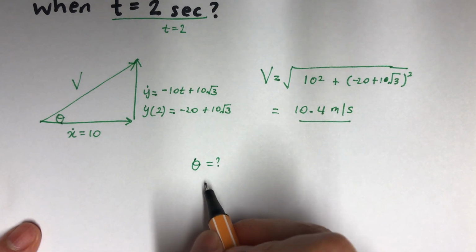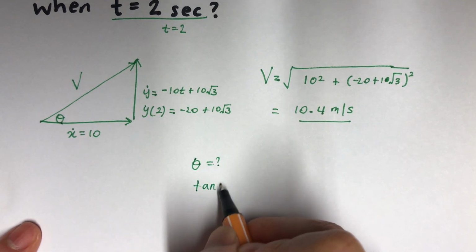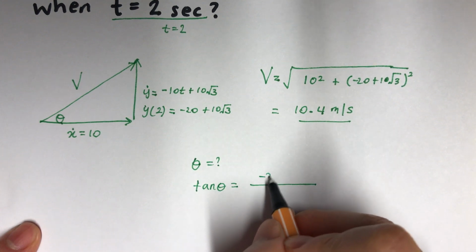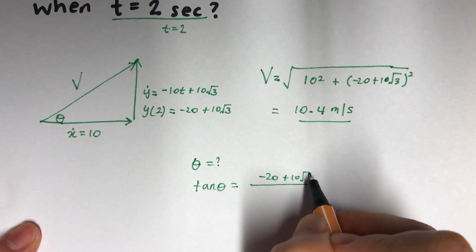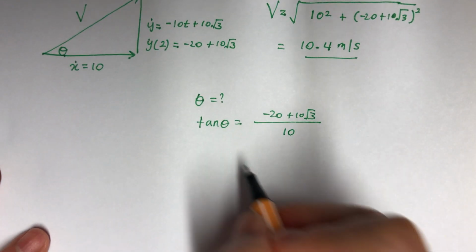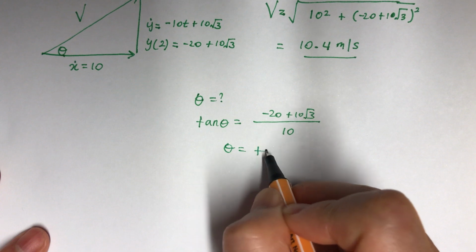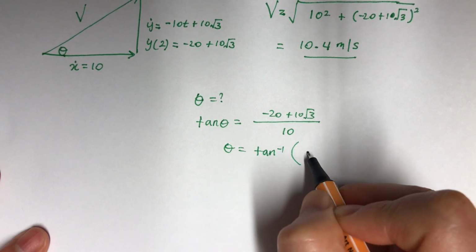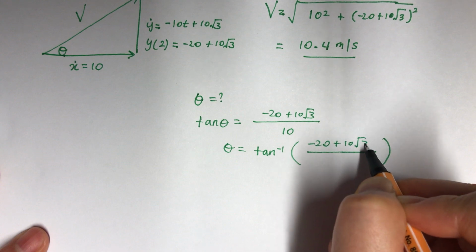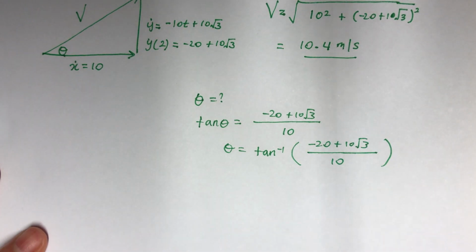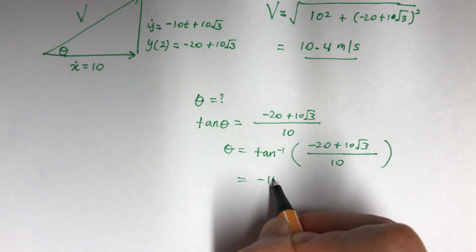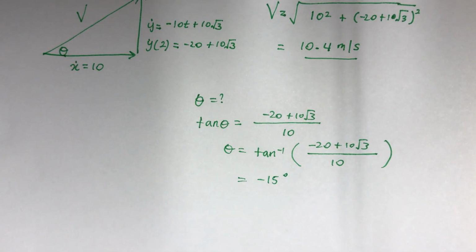Okay, so that means I'm going to use tan theta equals y dot over x dot. Okay, and theta equals tan inverse of minus 20 plus 10 root 3 over 10. You need to use shift tan, don't you? Yep, and you will get minus 15 degrees.